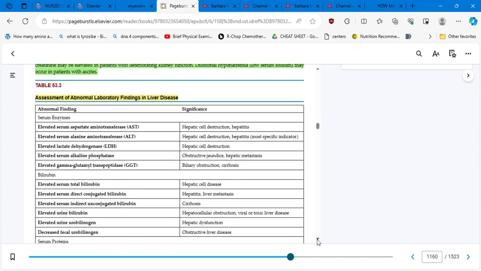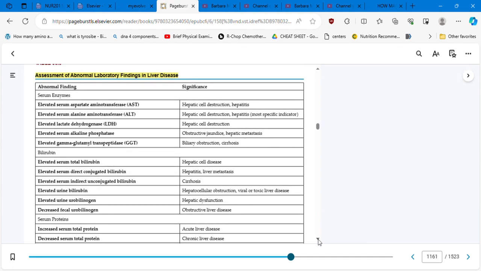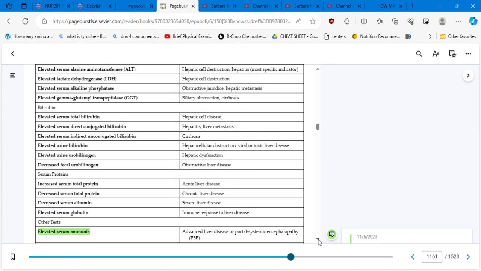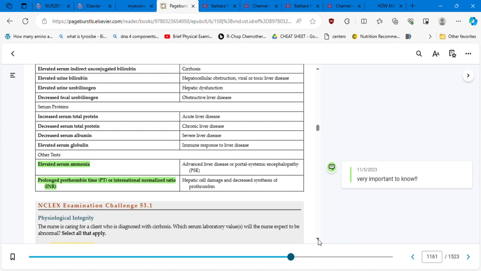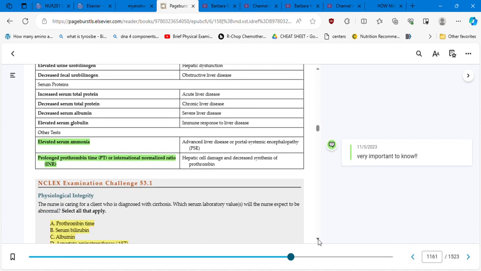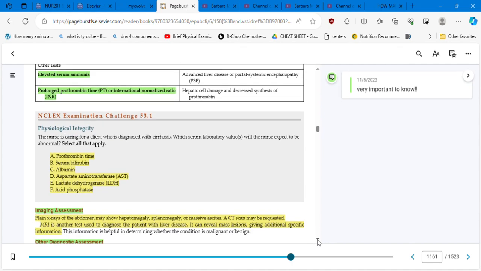So you have your assessment, with more specific detail of your laboratory findings. It's very important to remember that you're going to have elevated serum ammonia. We are going to have prolonged PT and prolonged INR. Very important to know.